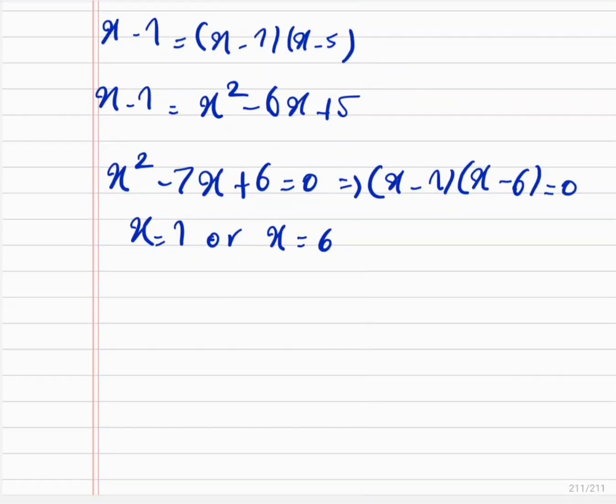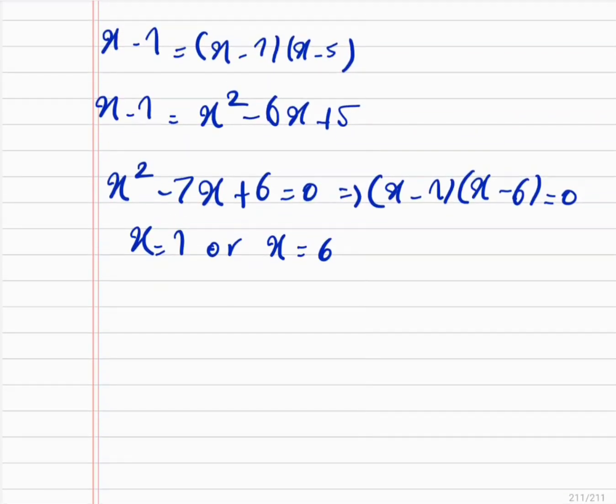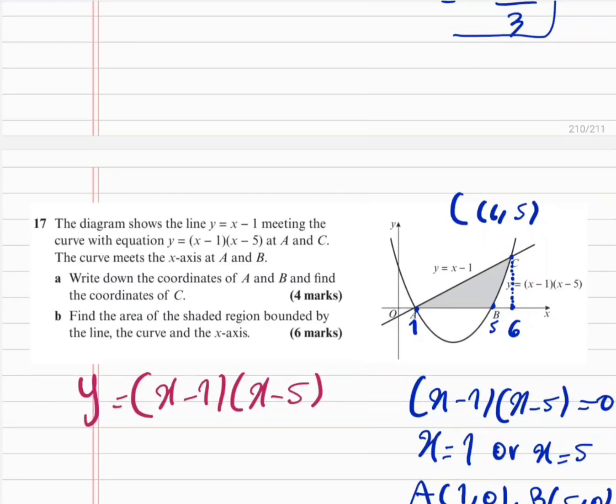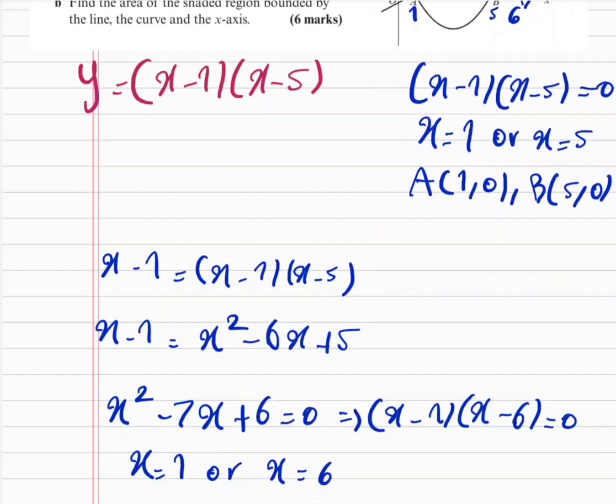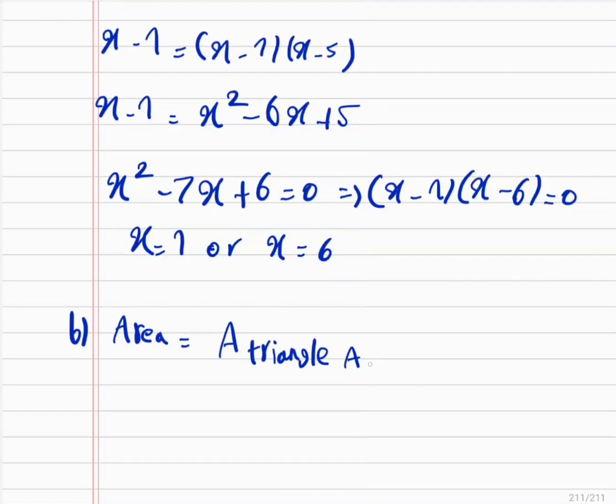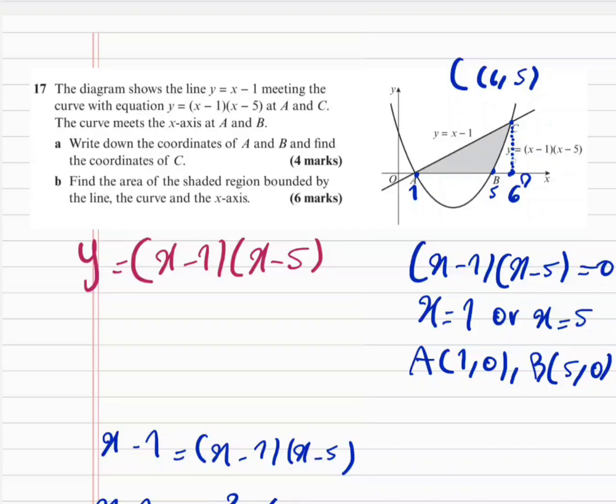So in this case, the area of the shaded region is equal to the area of the triangle ADC, minus this integral, which is the area under the curve.